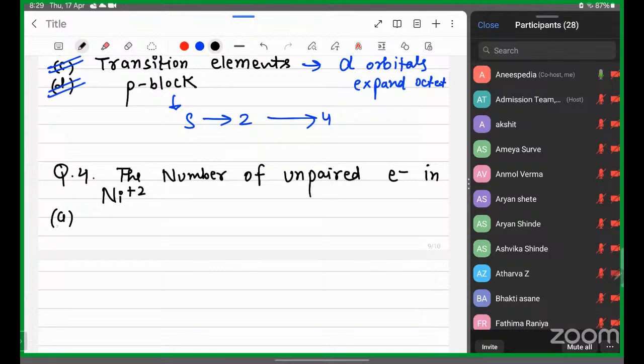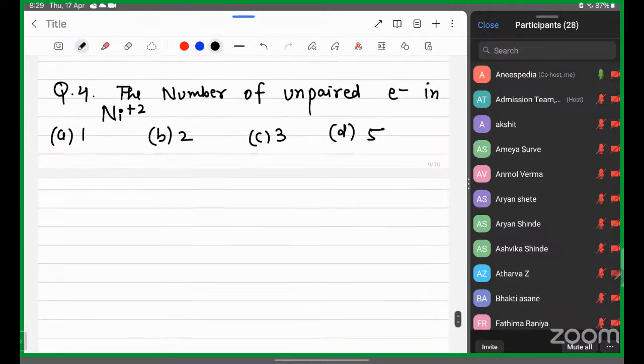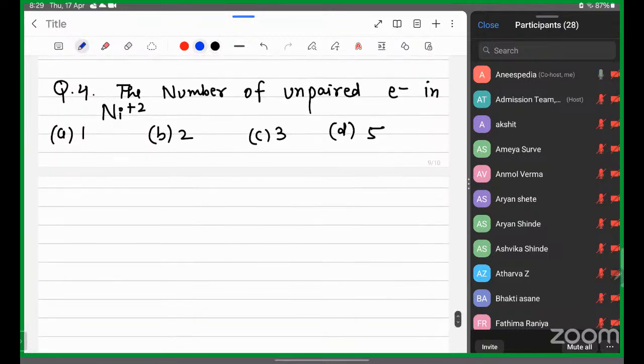Option A is 1, option B is 2, option C is 3, option D is 5. What is the atomic number of nickel? Anyone? Atomic number of nickel.